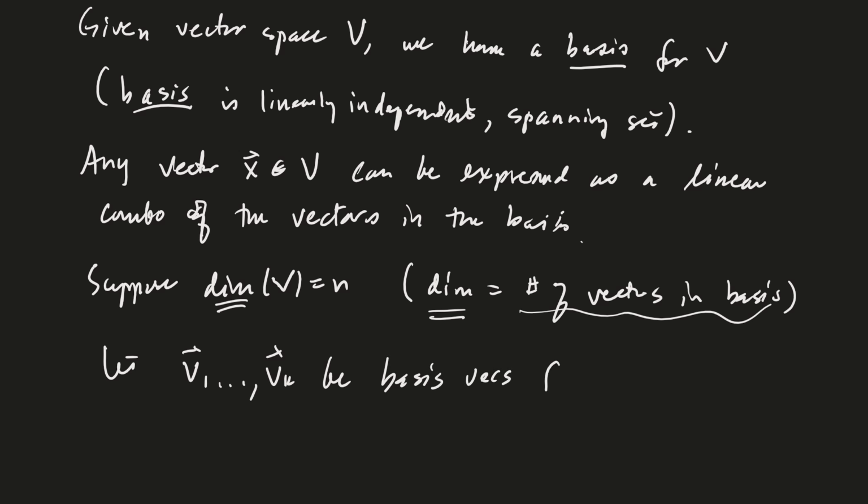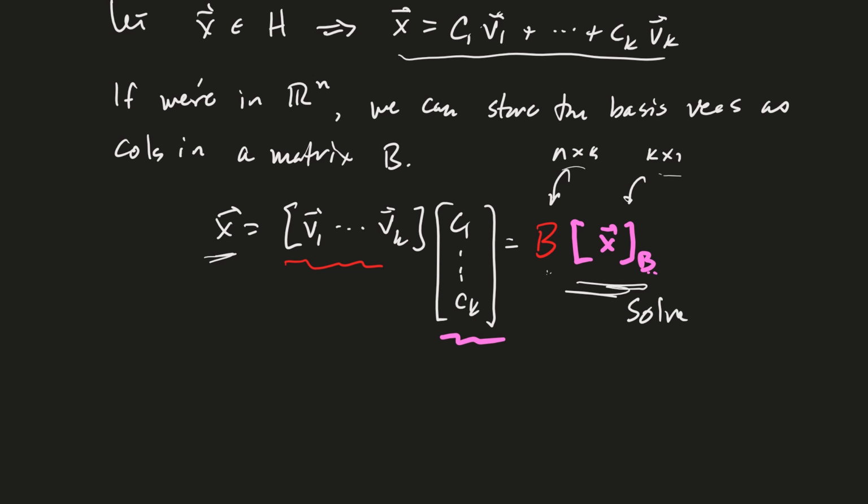Okay, so now suppose I say, well, what is the coordinate vector? How do I solve for the coordinate vector? Well, I look over here and I see, oh no, B is n by k. That means B is probably not going to be an invertible matrix.